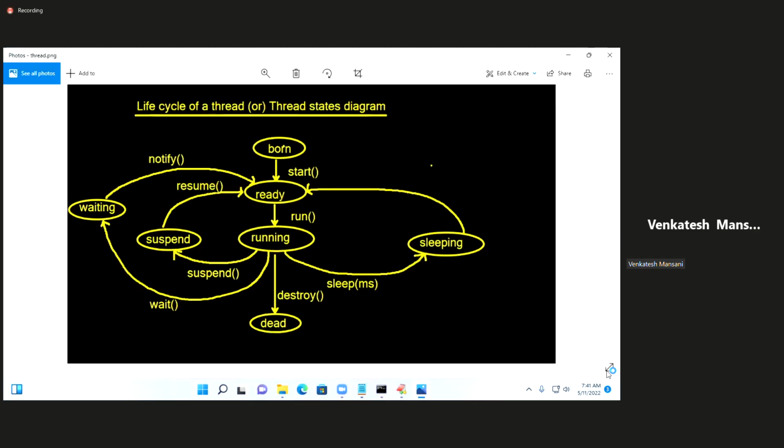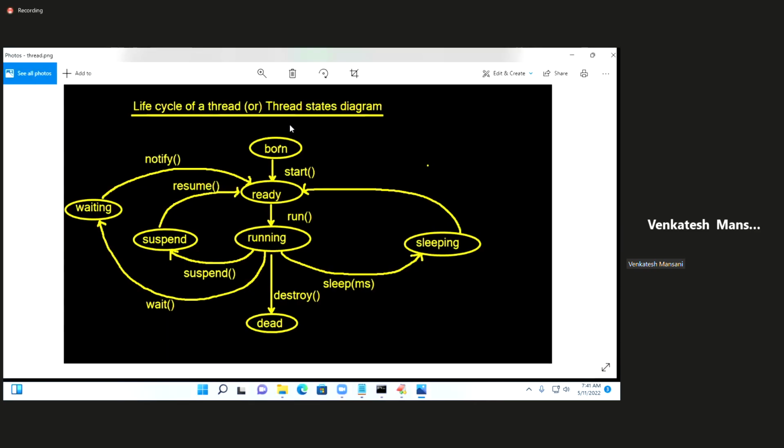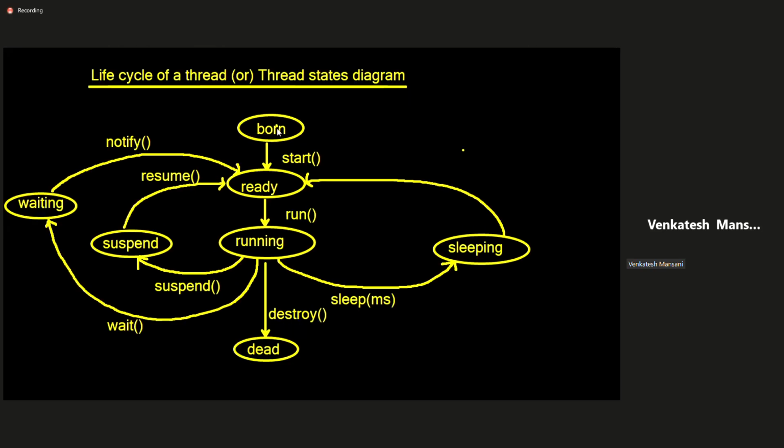Here you observe in this diagram, first the thread is born whenever the thread class constructor is called, and the thread will die whenever the destroy method is called.